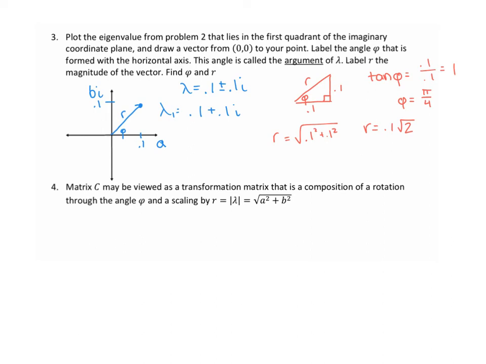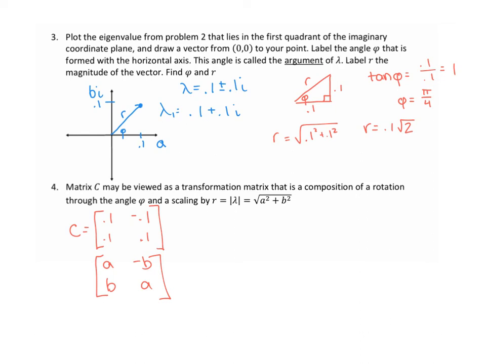So what this signifies: we have the original matrix, which you can't see on my video because I'm only showing part of the screen, 0.1, negative 0.1, 0.1, 0.1. This was in the generic form a, negative b, b, a. Anything in this form, we can view as a composition of a rotation and a scaling.